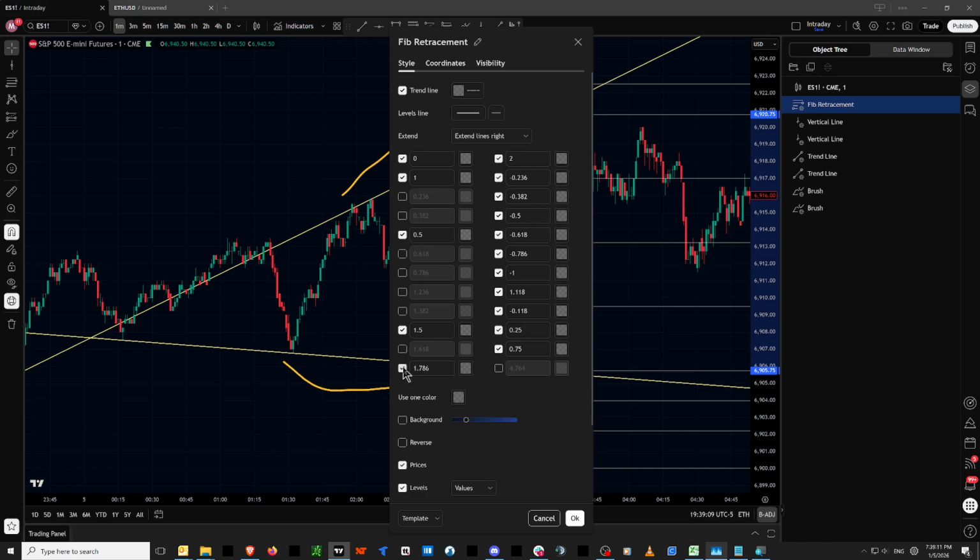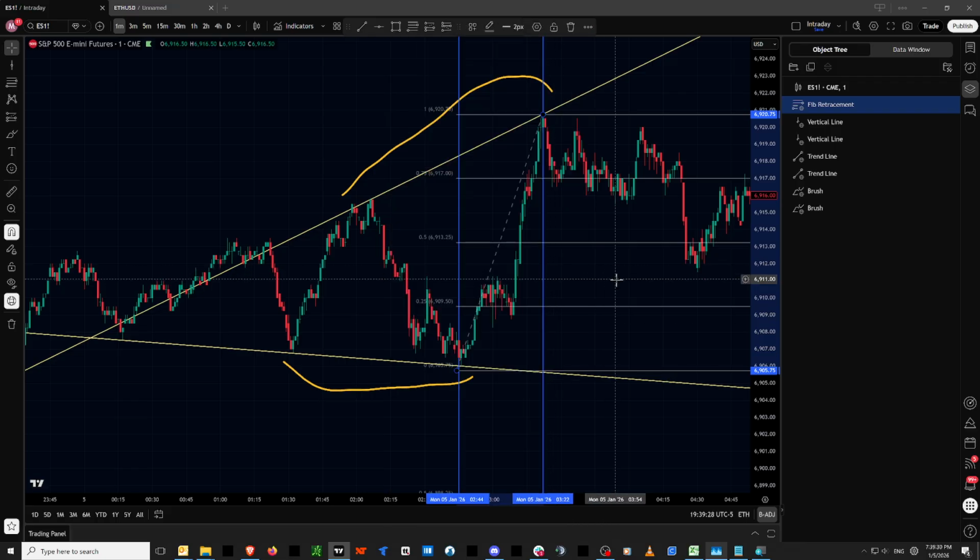What I'm interested in is quarters and halves. Okay, now what else do I need here? We'll start with that. I'll come back and change it if I need to. There's step three.